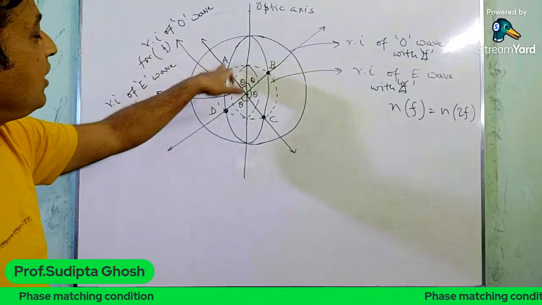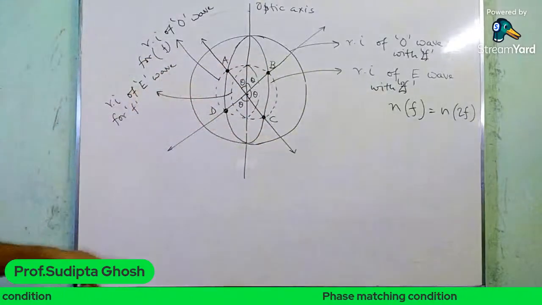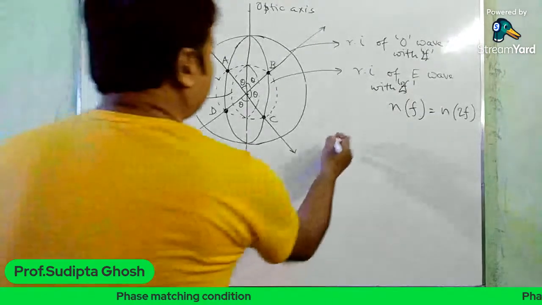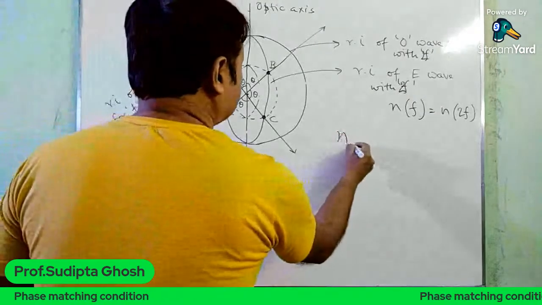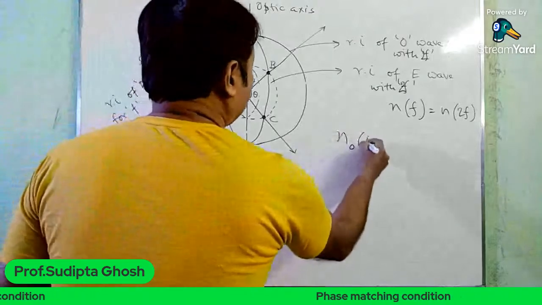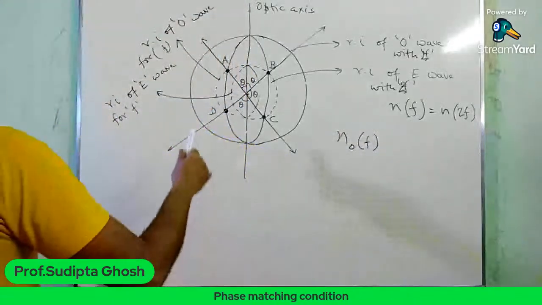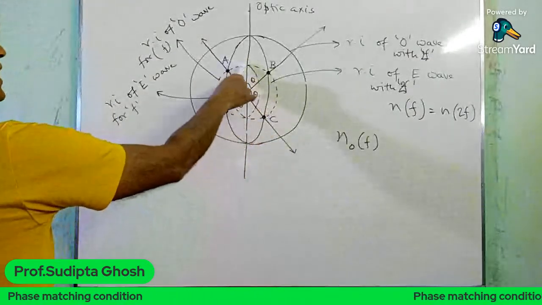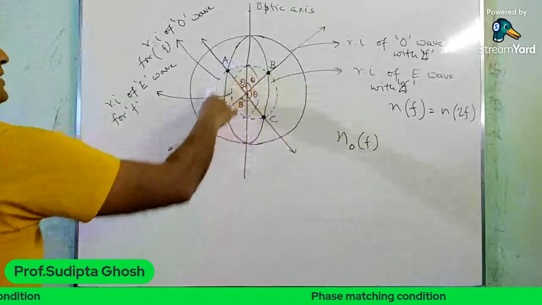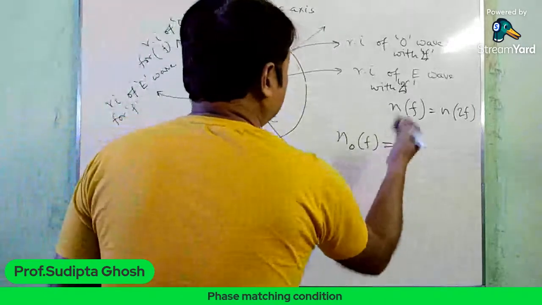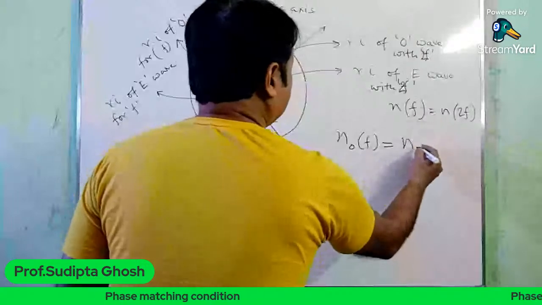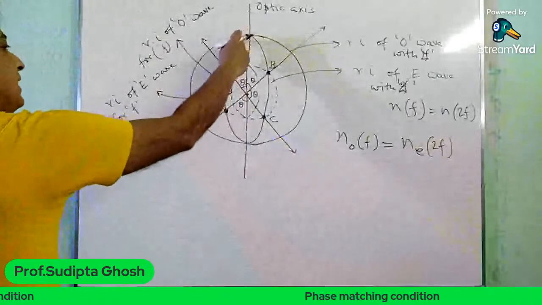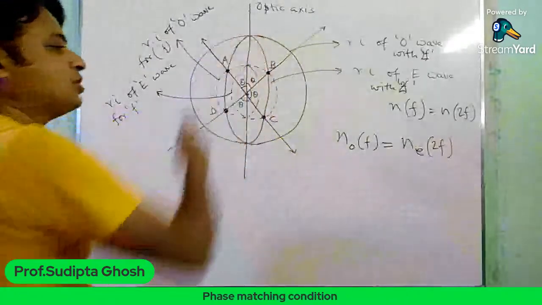So for these 4 points, A, B, C and D, what have we found? The refractive index of the ordinary wave having frequency f, that is the dotted sphere inside, equals the refractive index of the extraordinary wave having frequency twice f, that is the larger ellipsoid here.